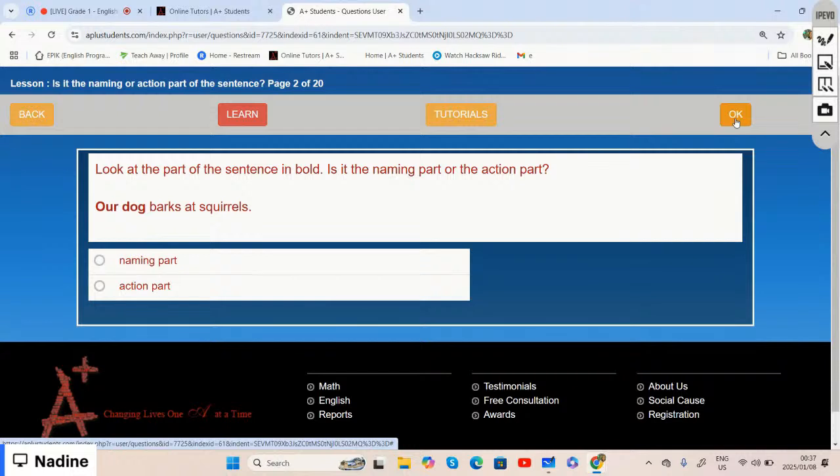All right. And if we look at the sentence, our dog barks at squirrels. If we were to identify the word in bold, then the word in bold would be a naming part. It names our dog.